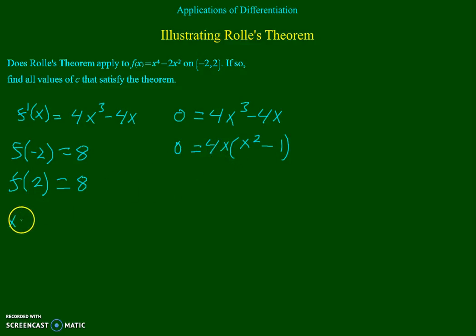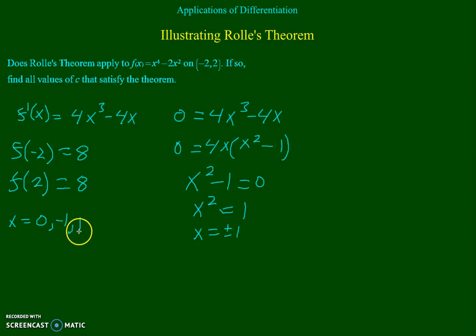So x equals 0, and x squared minus 1 equals 0. So x squared equals 1, x equals plus or minus 1. So negative 1, 0, and 1 are all the c values at which the first derivative is 0. There are 3 of them.